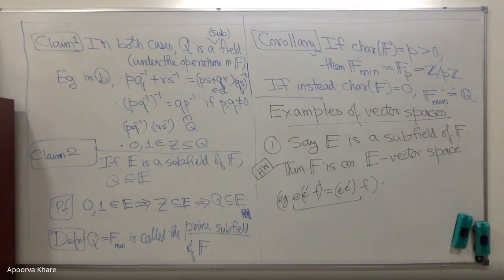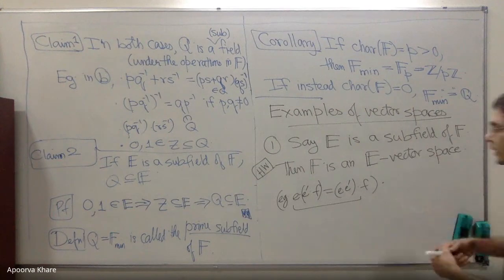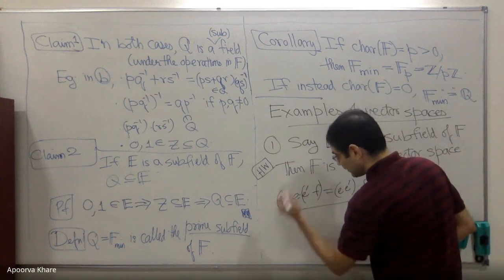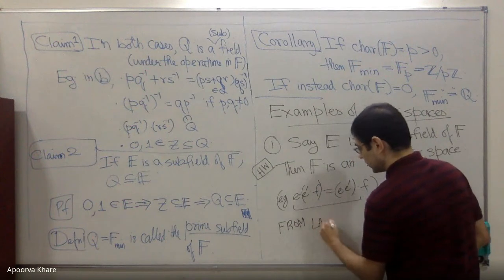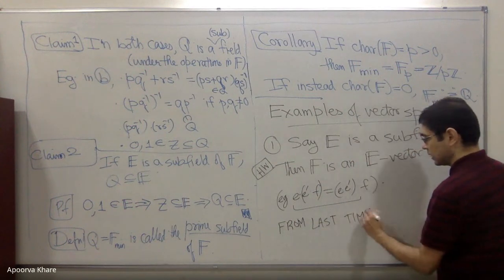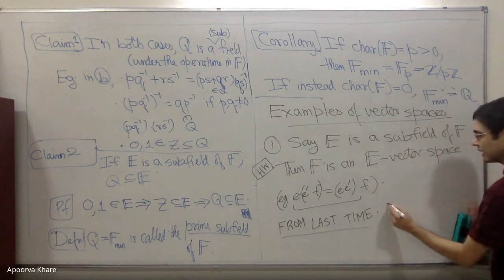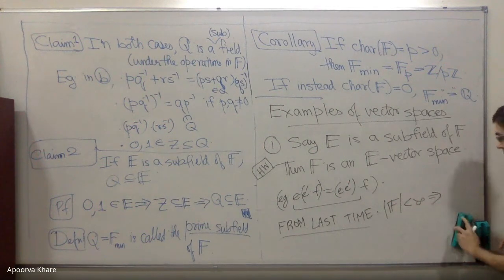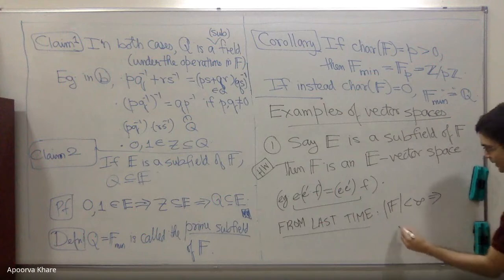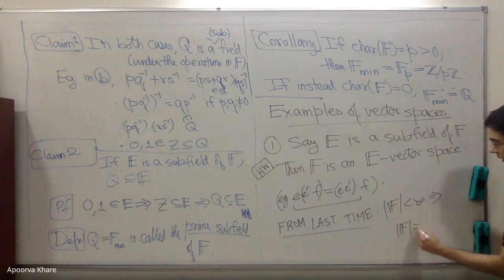Okay, next. In particular, let me remind you from last time: if I have a finite field Fp, then the field must have size p to the power d.